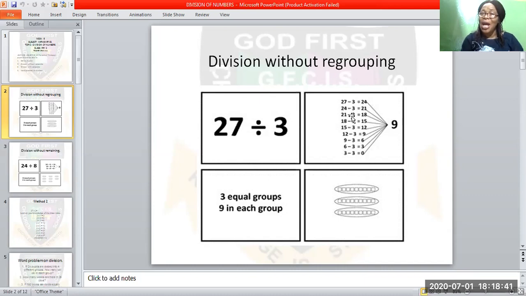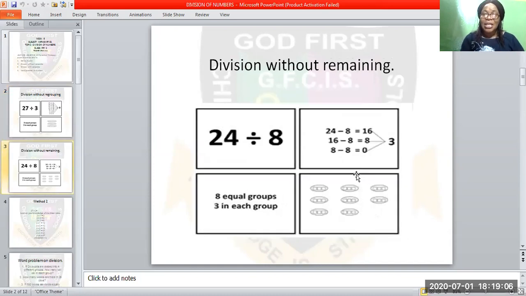Now we count how many 3s go in this 27. 1, 2, 3, 4, 5, 6, 7, 8, and 9. That is why we have 9 as our answer. 27 divided by 3 is 9.